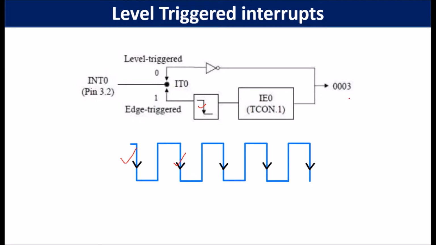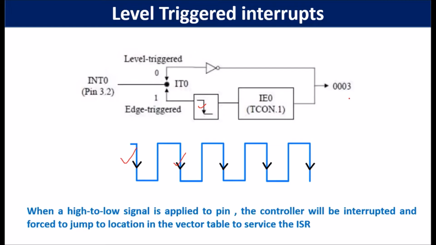So for edge triggered, the interrupt will occur when there is a transition from logic 1 to logic 0. For level triggered, we have to give a logic 0 signal for at least 4 machine cycles. When a high to low signal is applied to the pin, the controller will be interrupted and forced to jump to the vector table location for the fixed ISR routine. So this is the concept of level triggered and edge triggered. You can use either type.